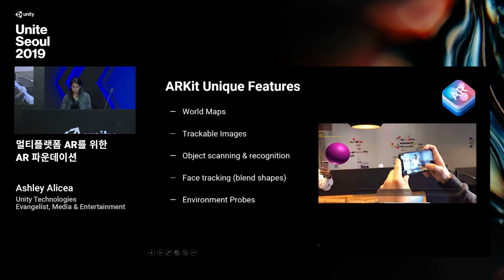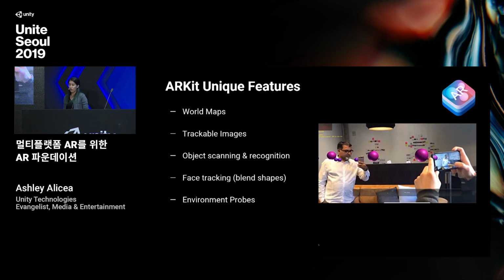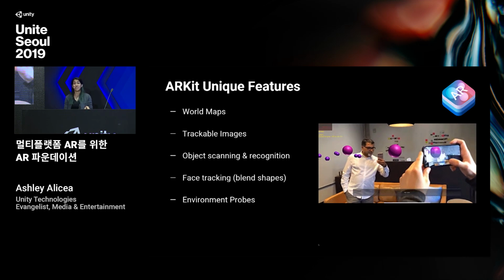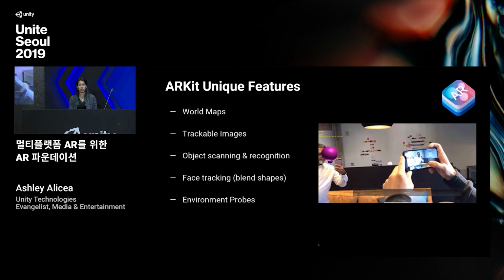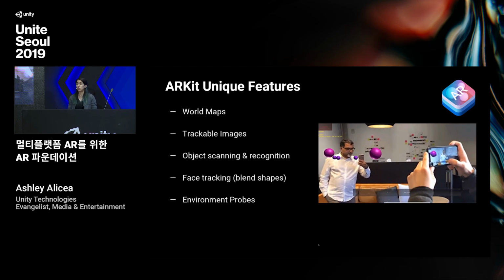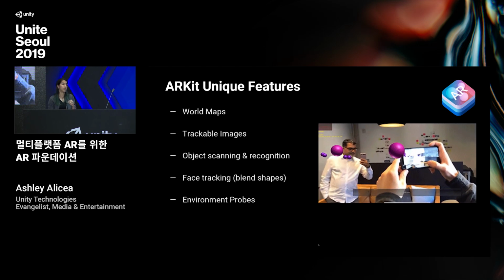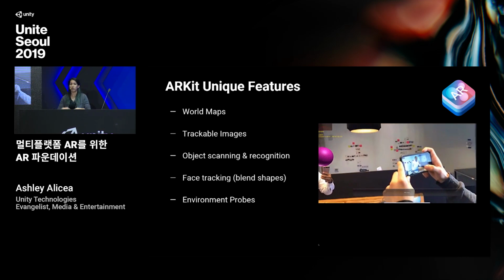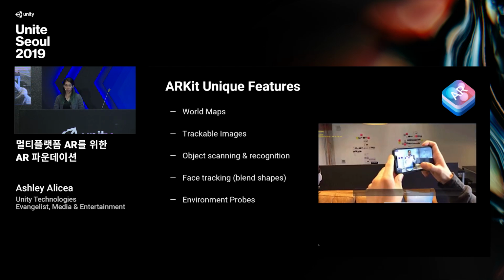So we also have ARKit. ARKit is Apple's solution for iOS devices. This is actually a plugin that's maintained by Unity. But we do work closely with Apple to make sure that it's always updated and maintained. So for example, when an announcement is made at one of Apple's conferences like WWDC, we normally have worked with them already and have whatever ARKit feature they announced ready to use in the editor.